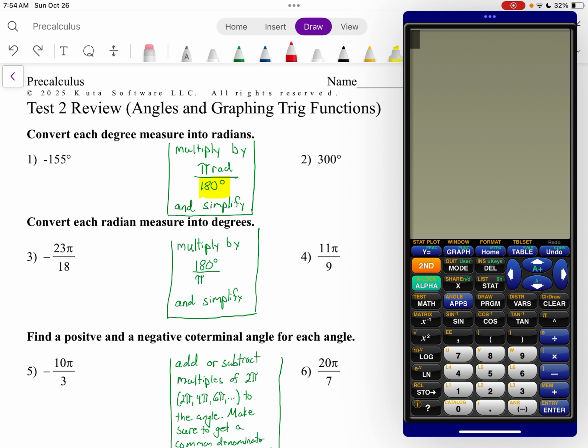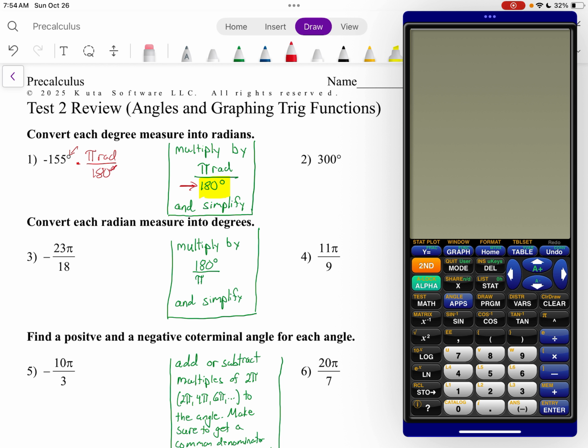And since this is in degrees, we want to make sure degrees is in the denominator as highlighted, so the degrees cancel. So we would multiply by pi radians over 180 degrees. And then we're going to simplify.